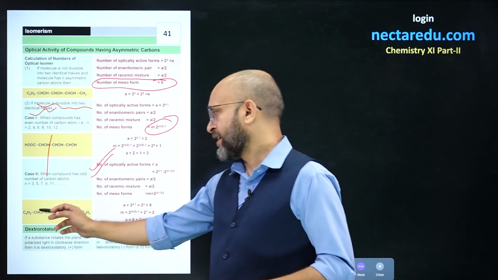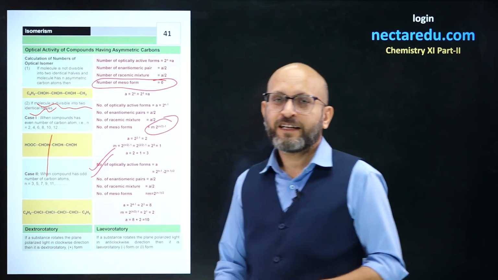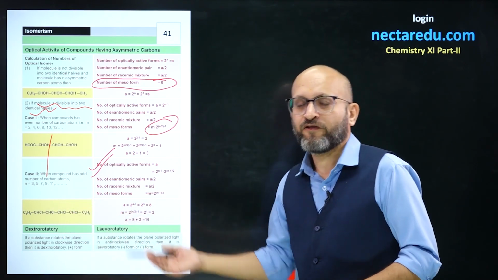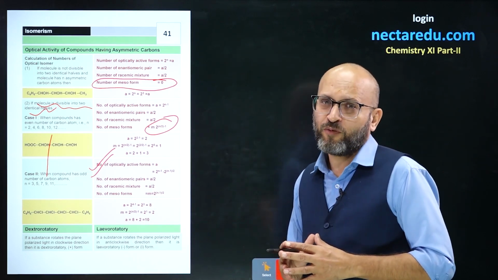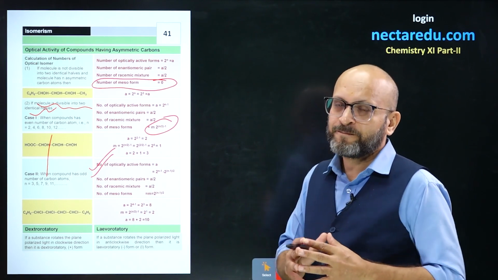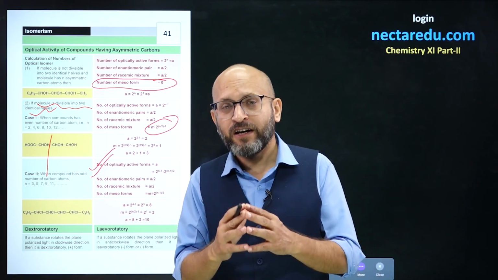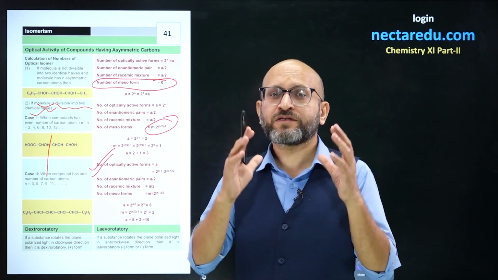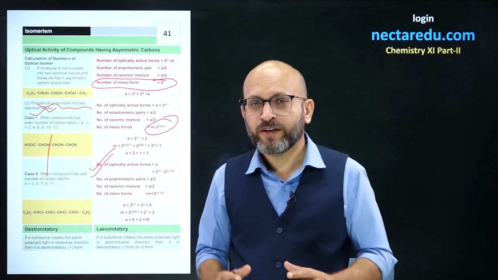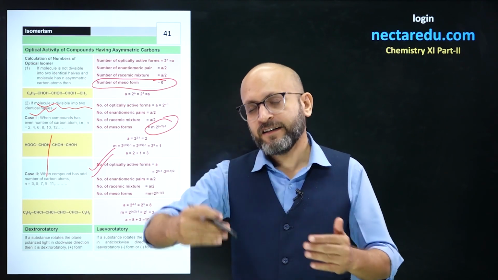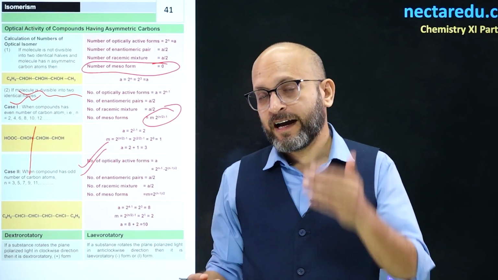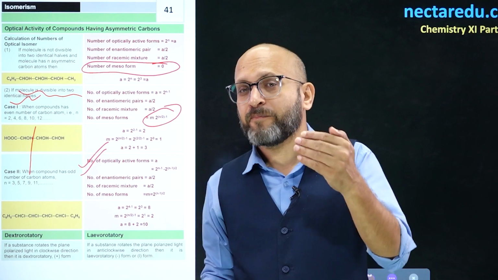Here you have chiral carbons 1, 2, 3, 4, then you put the value in the formula and you get the answer. So you just have to remember the formulas and you will easily calculate the number of optically active compounds, mesomers, racemic mixtures and enantiomers, all in an arranged manner, or I would say in a pattern.